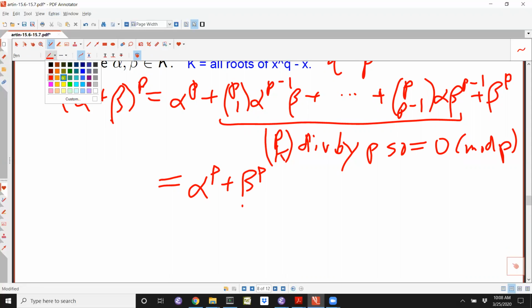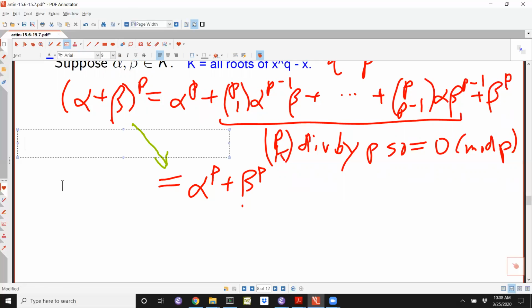What's really remarkable about this, if you go on and study finite fields, and there's a lot more you can study, we're just going to do one class's worth, is that the pth power is actually a field automorphism.